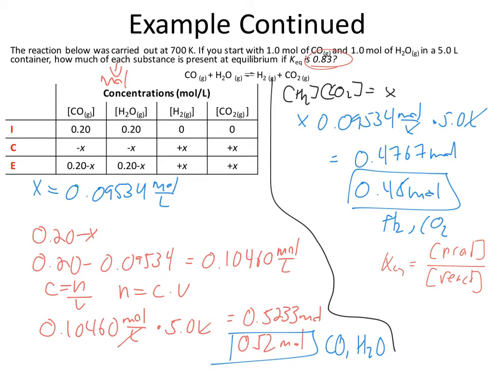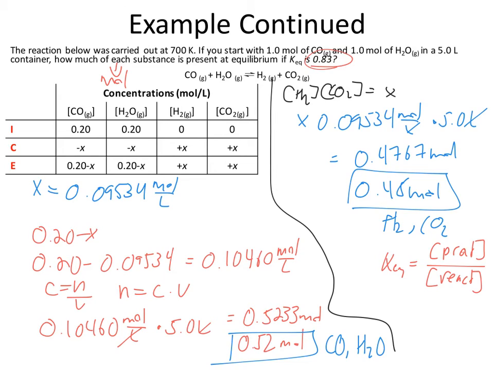So at the end, we should have a greater concentration of reactants than products for this number to be a decimal, and we do. Now this is again in moles. If we go back to our concentrations, 0.1046 versus 0.095, we can see that we have a much larger concentration of reactants than of products, and that makes sense because that would give us a value of 0.83.